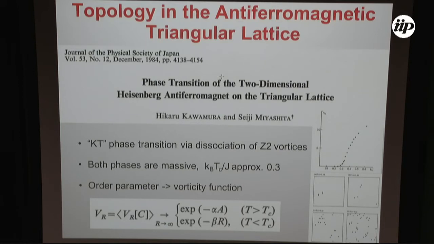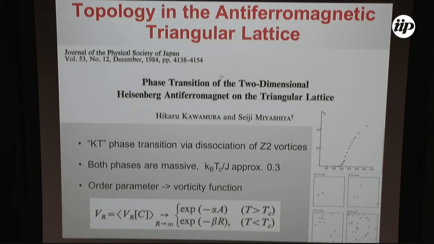at the time. So we moved to the antiferromagnetic triangular lattice, which from the topological point of view has an important difference. So in the triangular case, if you study the simplest 2-dimensional Heisenberg antiferromagnet, this was studied already in '84 by Kawamura and Miyashita.